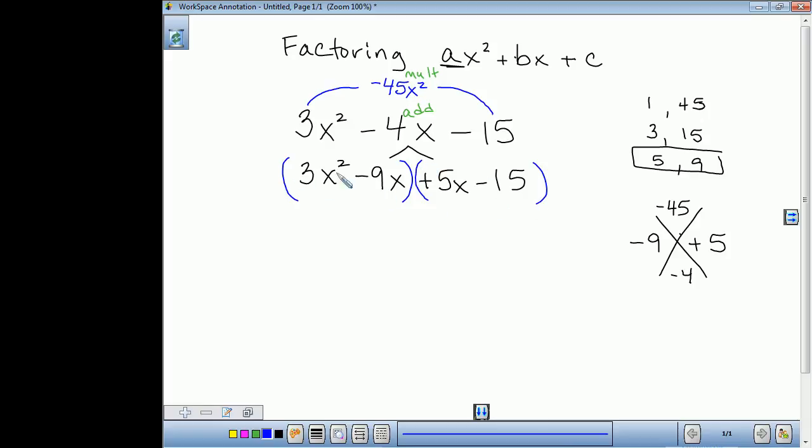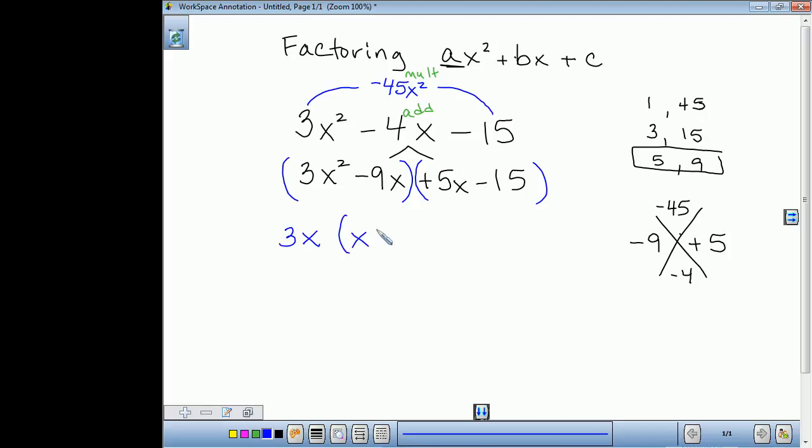What does the first group have in common? 3. And it leaves me with, what do I multiply 3 by to get 3? Just 1, right? And what do I multiply x by to get x squared? An x.